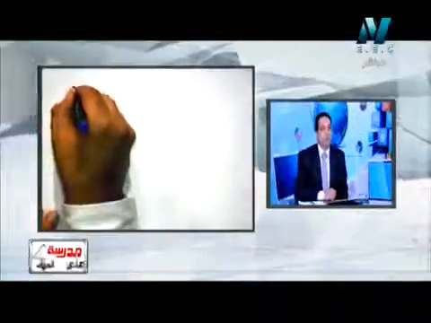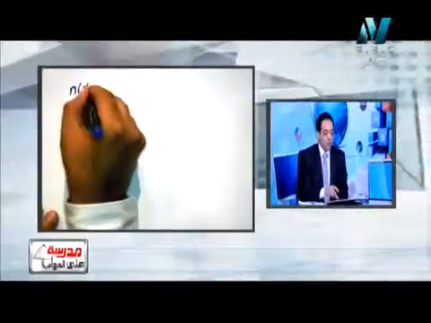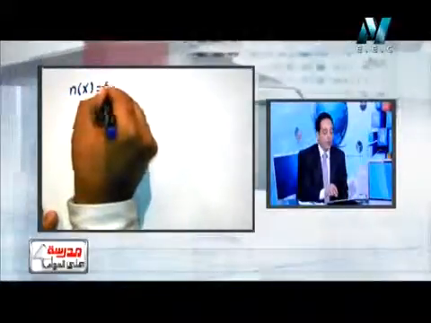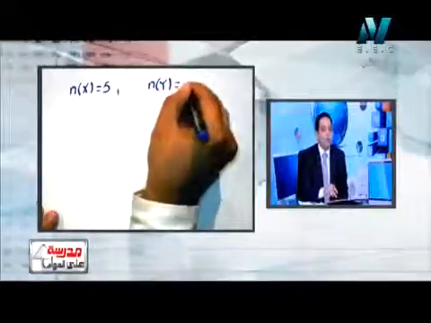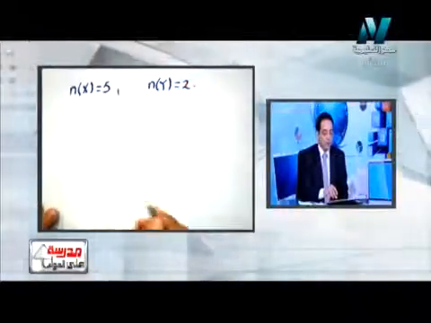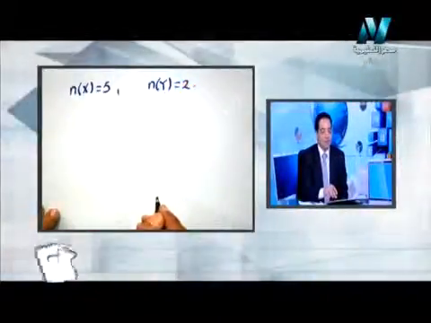This one says n of X equals 5 and n of Y equals 2. Then n of X product Y equals what?